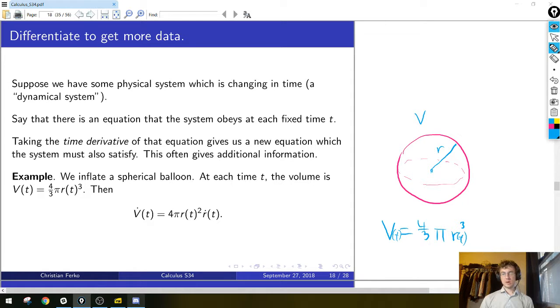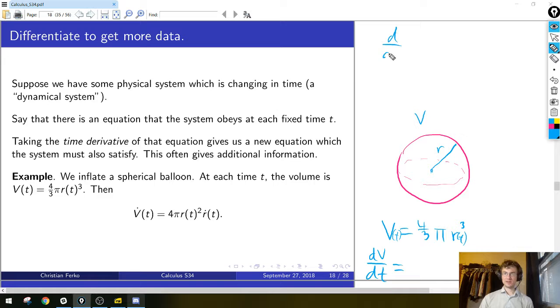So the clever physicist looks at this and thinks, well, this is true at every single time, so it must be true that if I take the derivative with respect to time, I get another correct equation. If I take the derivative of the left side with respect to time, I simply get dV/dt. If I take the derivative of the right side with respect to time, we have to be careful because r(t) is now a function of time, so we need to use the chain rule.